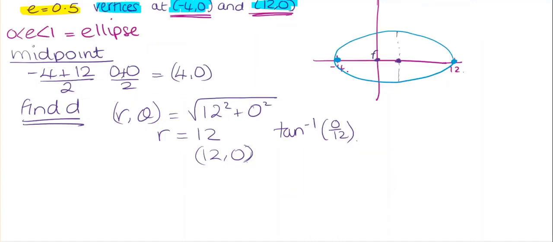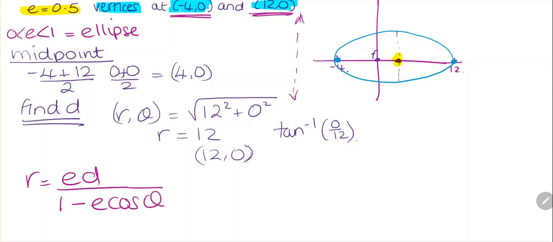So what do we know? Because the midpoint is over here, we will have our directrix. This is going towards our focus, and it means that our directrix is going to be over here to the left. So our equation ed is going to be over 1 minus e cosine of theta. Now we know it's cosine because it's on the x.